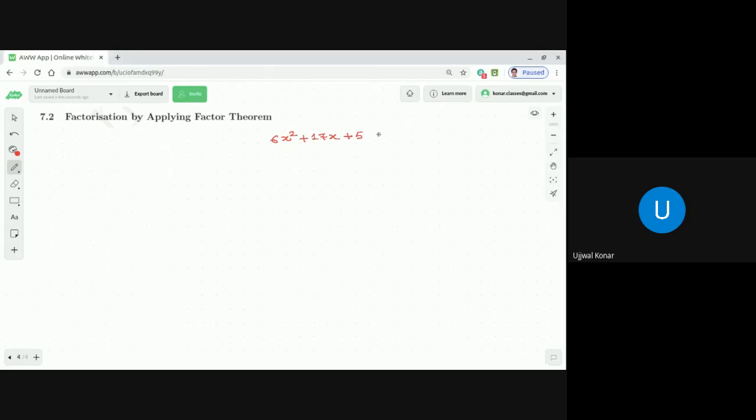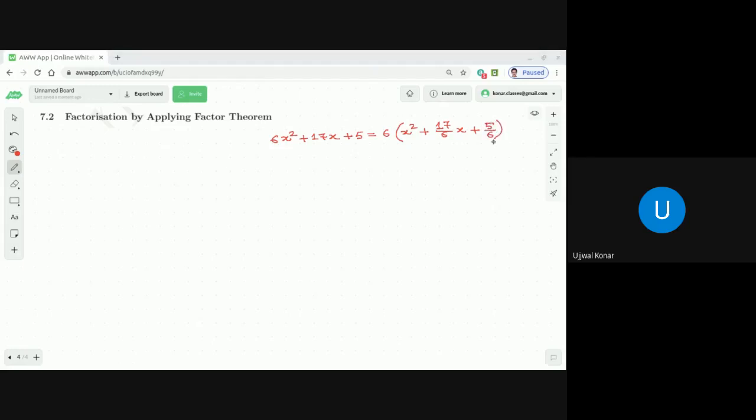We can write 6x squared plus 17x plus 5 like this. We can take 6 common. Then you get x squared plus 17 by 6 into x plus 5 by 6.